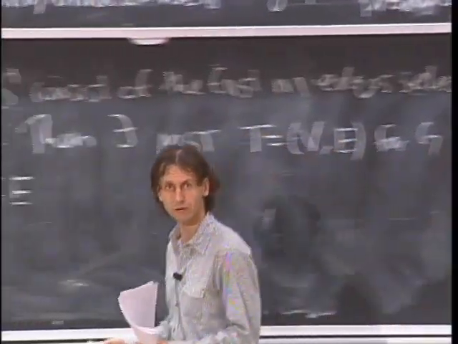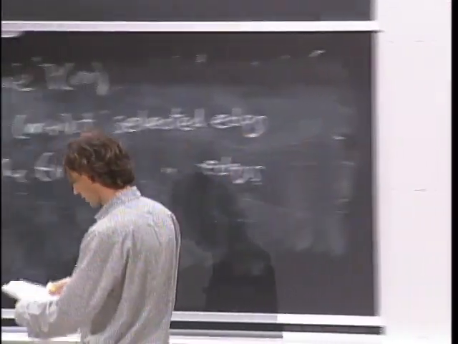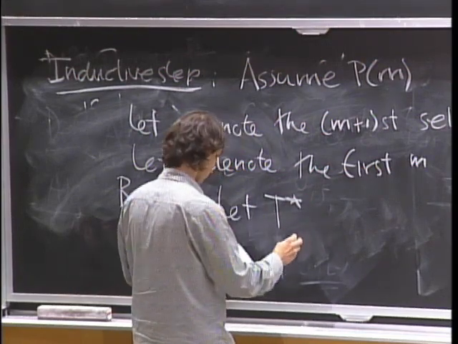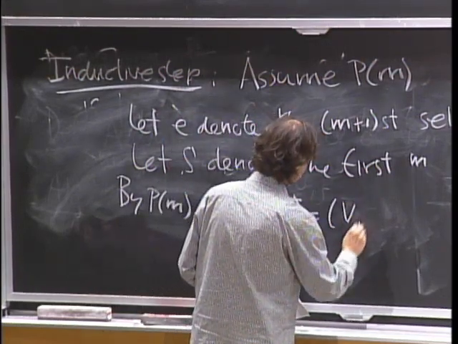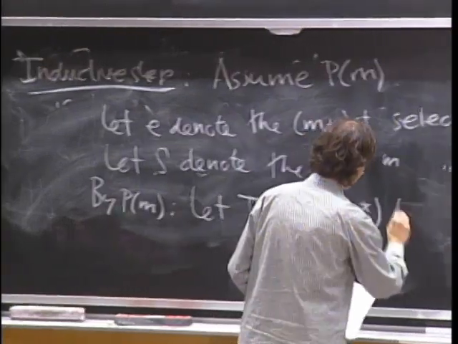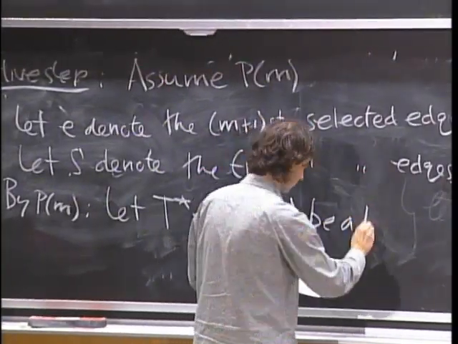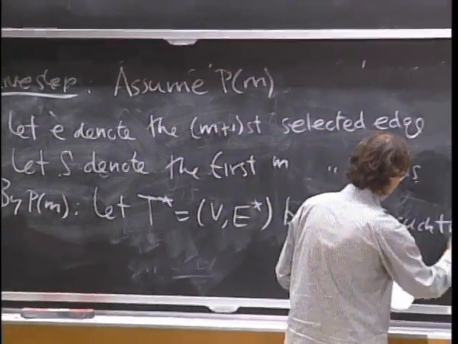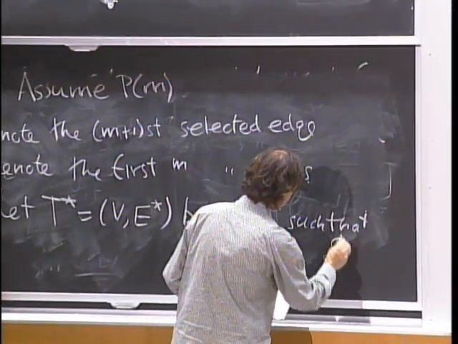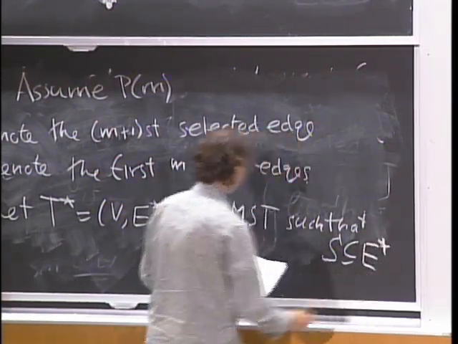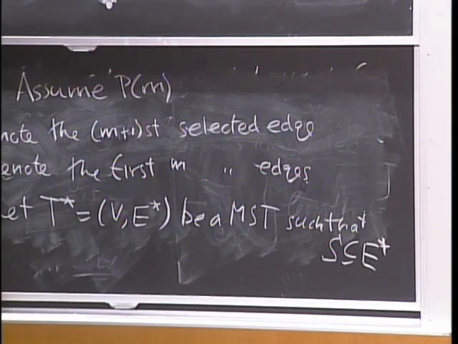So let's just pick one such minimum spanning tree. So let T star be such a minimum spanning tree. It has edges E star and we know that S is actually a subset of E star. Okay.